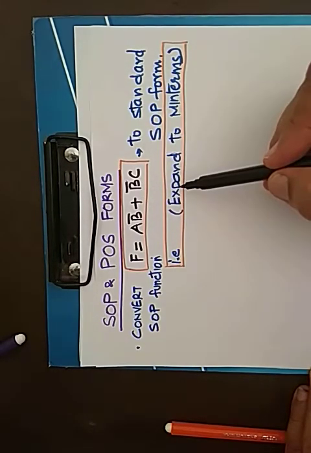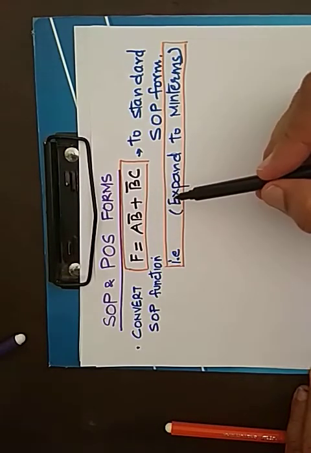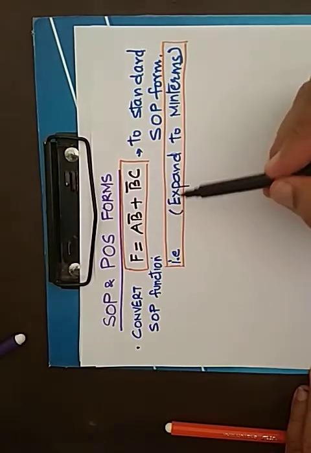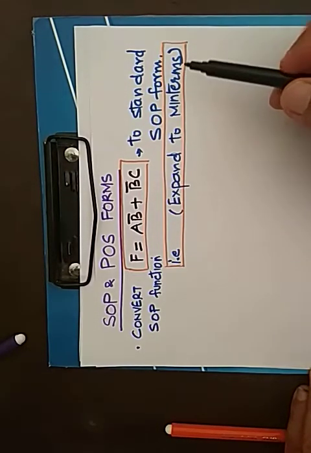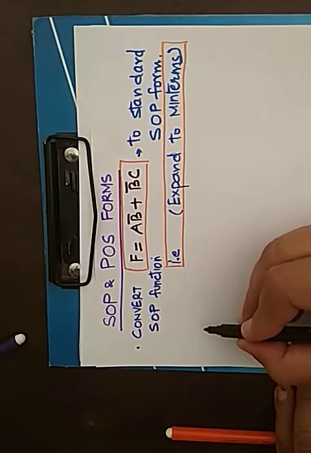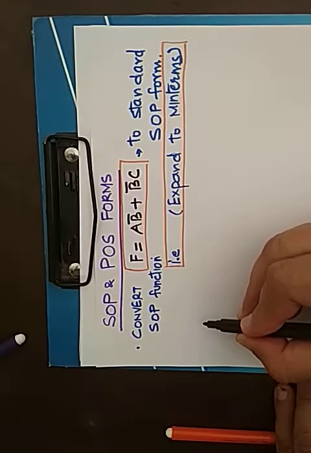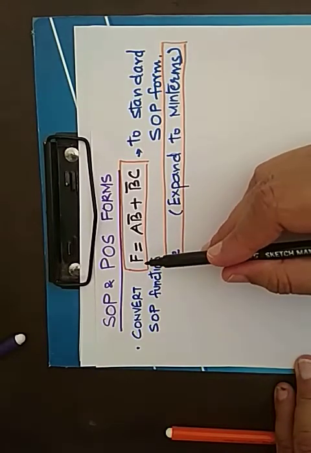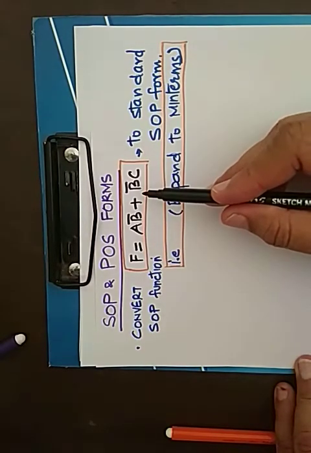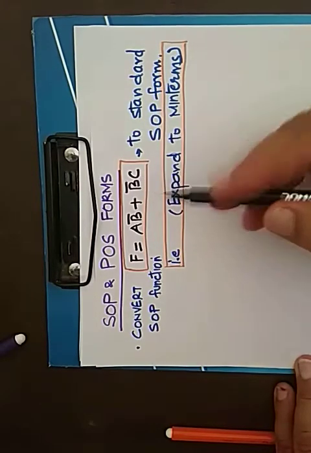In other words, we say the question is expand this function to minterms. Let us start the solution. We can see that the function f is a three variable function.